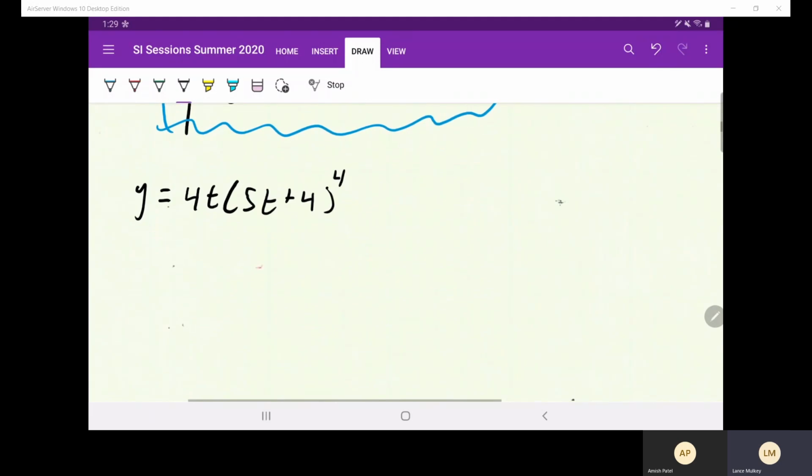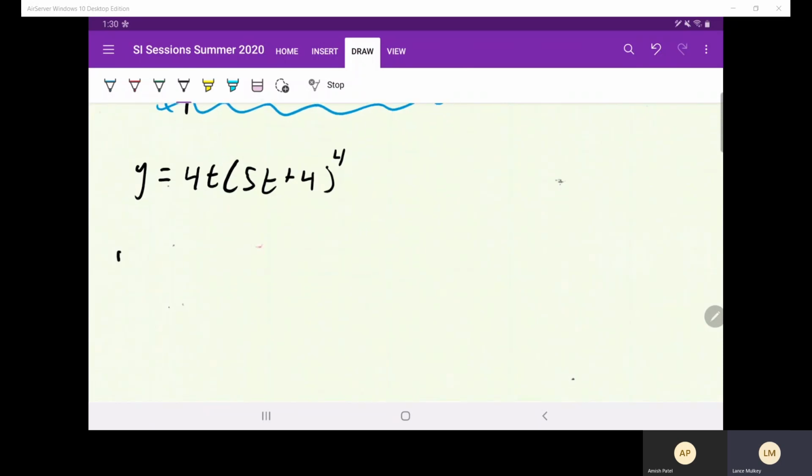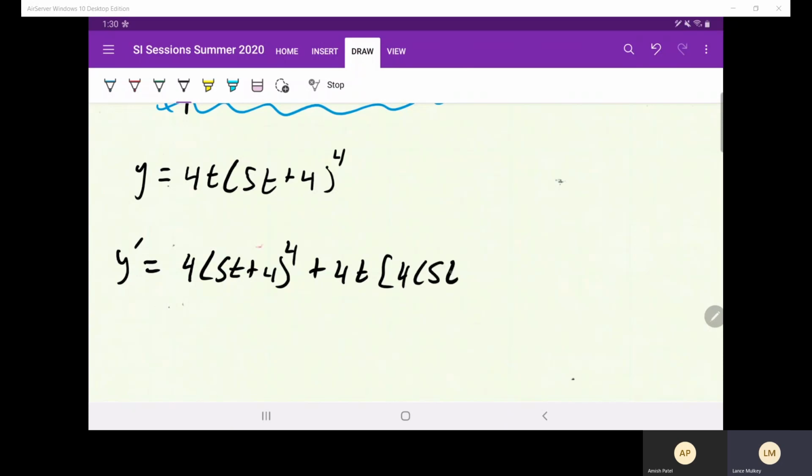All right. Well, this question, you can actually distribute that into there, but it makes it a lot harder. So what you got to use is product rule and chain rule together. So let's take the derivative of this one. So it's 4 times (5t plus 4) to the fourth plus 4t times the derivative of the right function, which is 4 times (5t plus 4) cubed times 5.